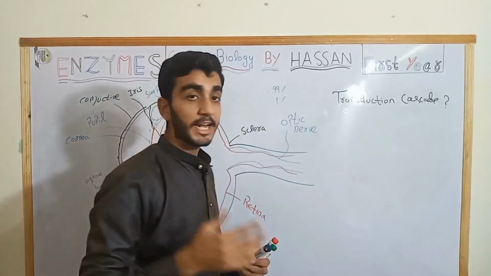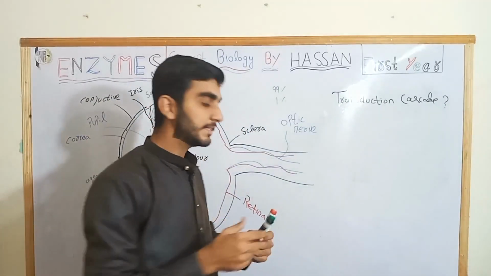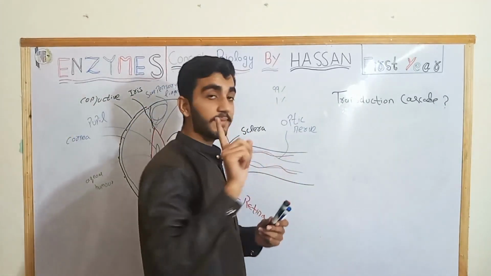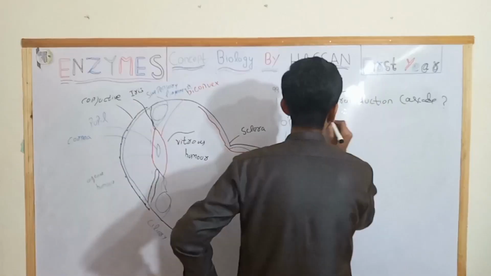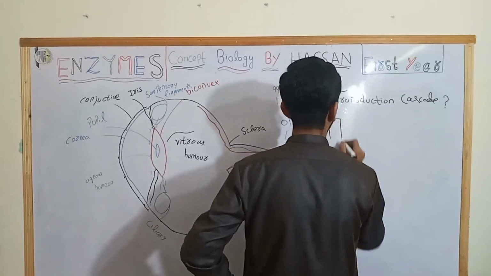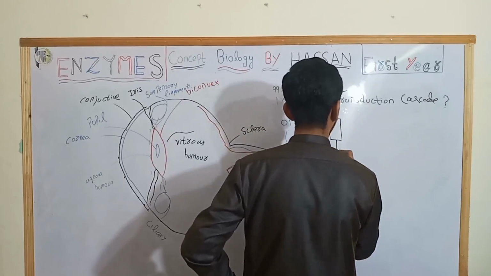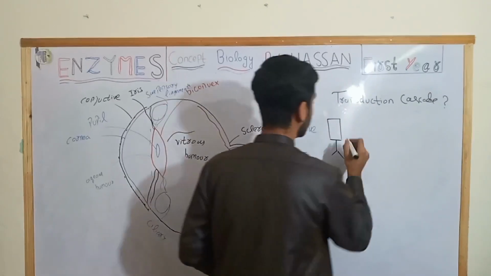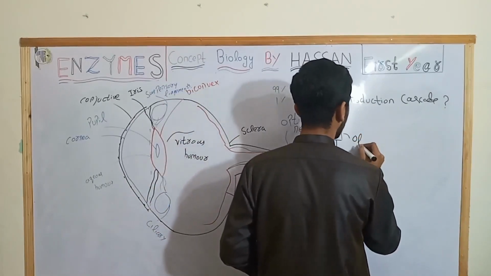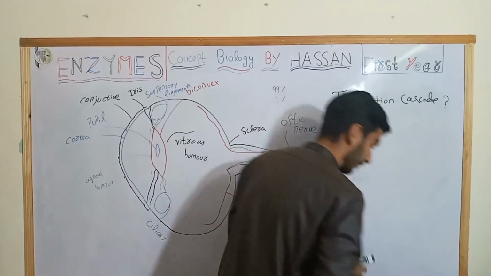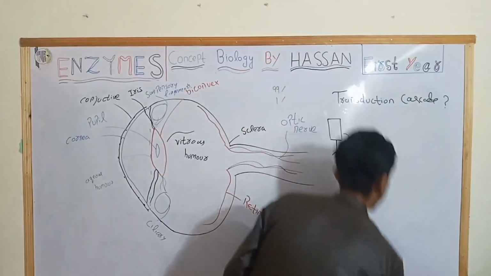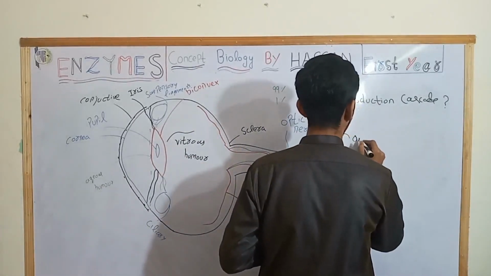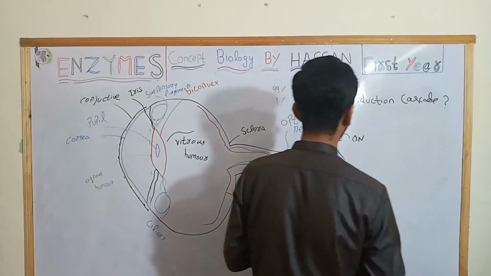So if light is present, then the rod cell is off. But if light is absent, then the rod cell is on. The rod cell is on in the absence of light.